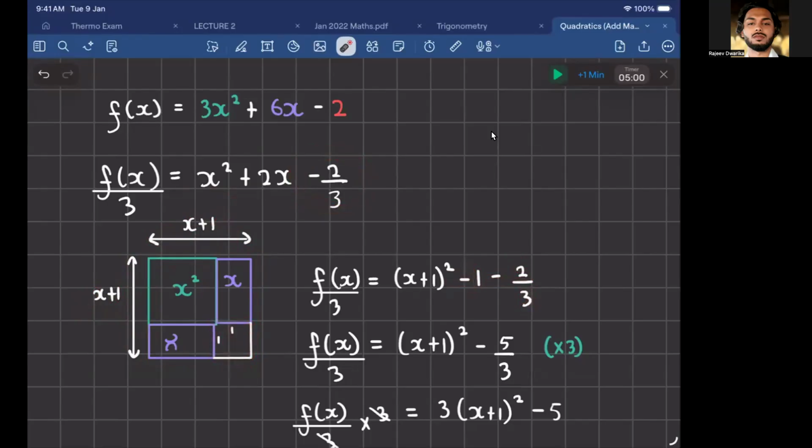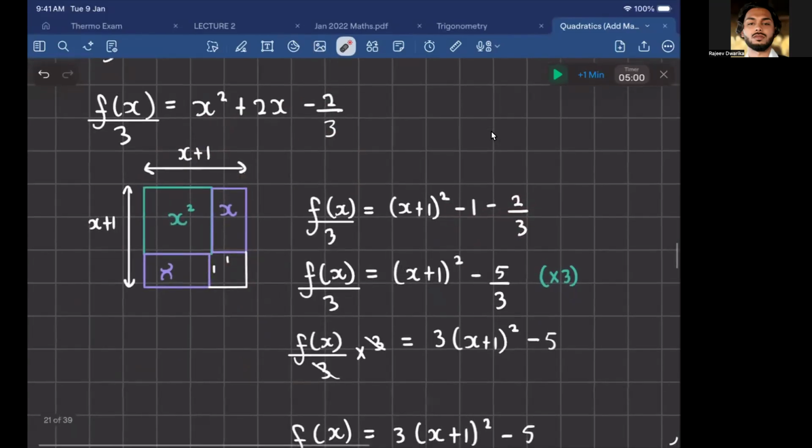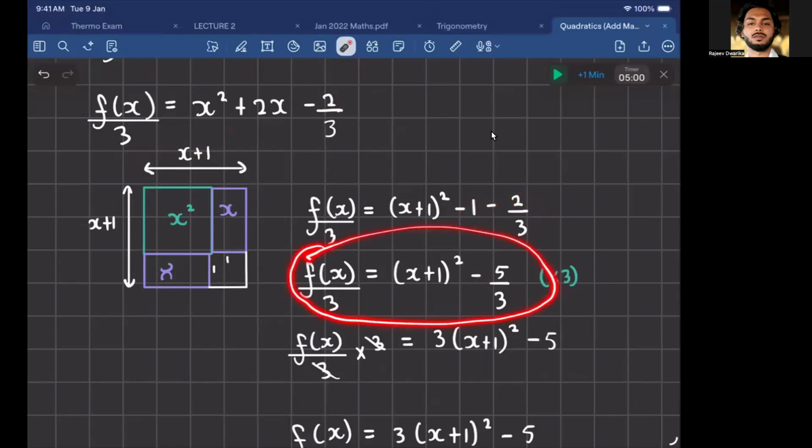Keep in mind, Avinash, this is not the entire area. This is a third of the entire area. So whatever we do, we'll have to multiply by 3 to find back the whole area. Keep that in mind. Avinash, minus 1 minus 2 over 3, that's minus 5 over 3. Tell me, is this the full area or is it a third of the area?